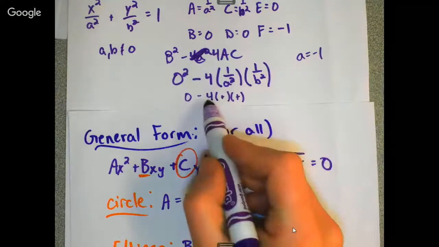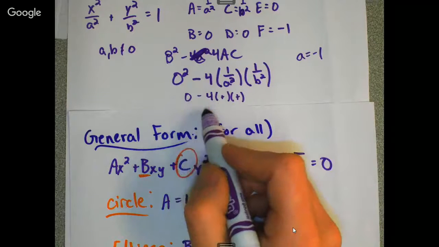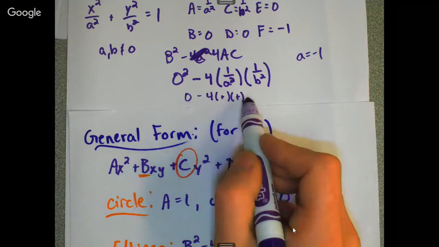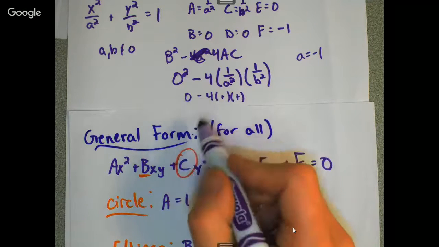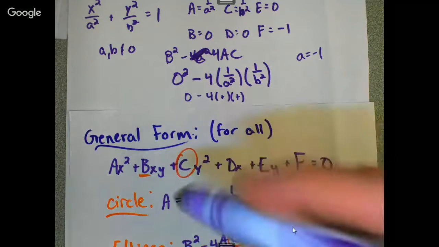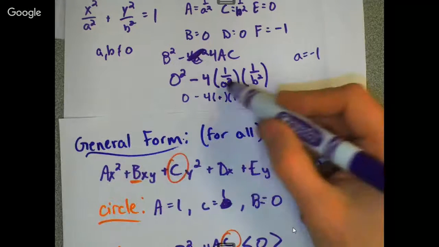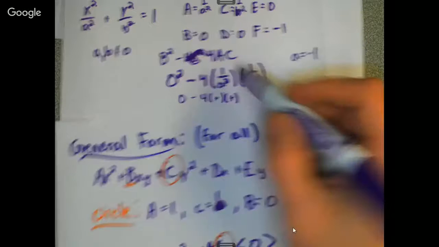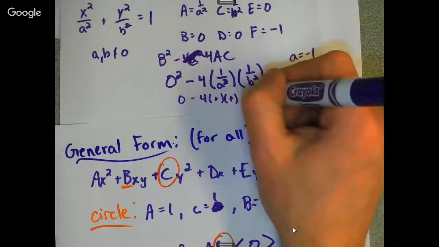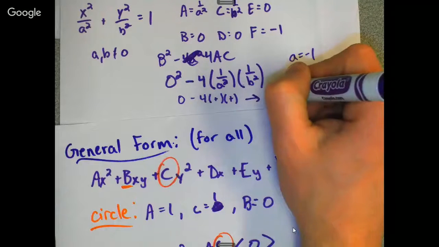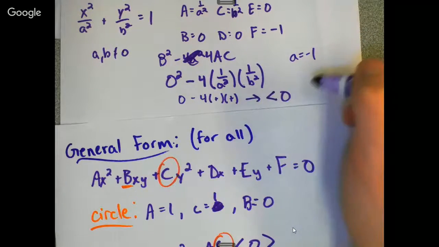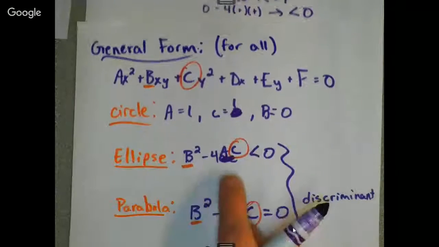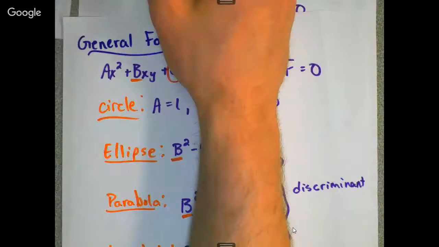So this could be like 0 minus 20, or it could be 0 minus 4 over 20, or something like that. So no matter what numbers I have in here for a and b, as long as they're not 0, this will be less than 0. Okay, and since that discriminant is going to be less than 0, this is an ellipse.